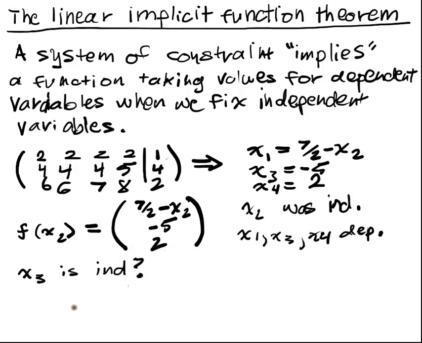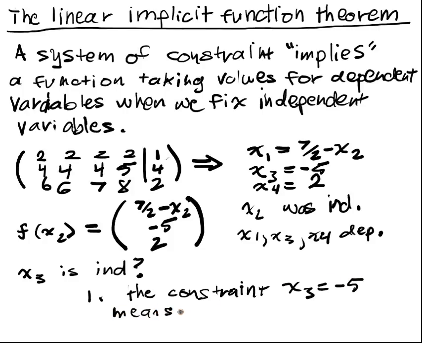Well, first of all, the constraint x3 is equal to -5 means that there is no free domain for the function.